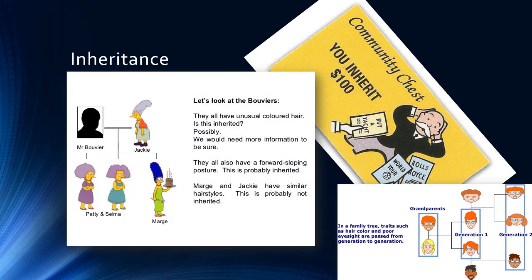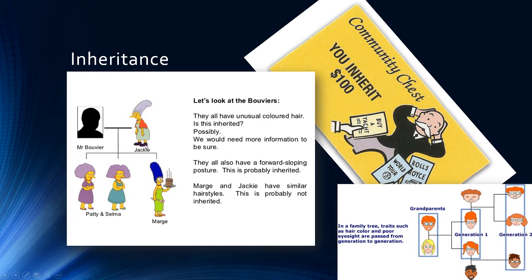Inheritance is a concept that's similar to inheritance that we think of, inheriting money, inheriting characteristics from our parents. Here's some Simpson scenario. We have Marge and her sisters, and her parents, we don't know much about her dad, but if we look at them, some things that we could imply is that they all have a forward sloping posture, so that's probably something that's inherited.